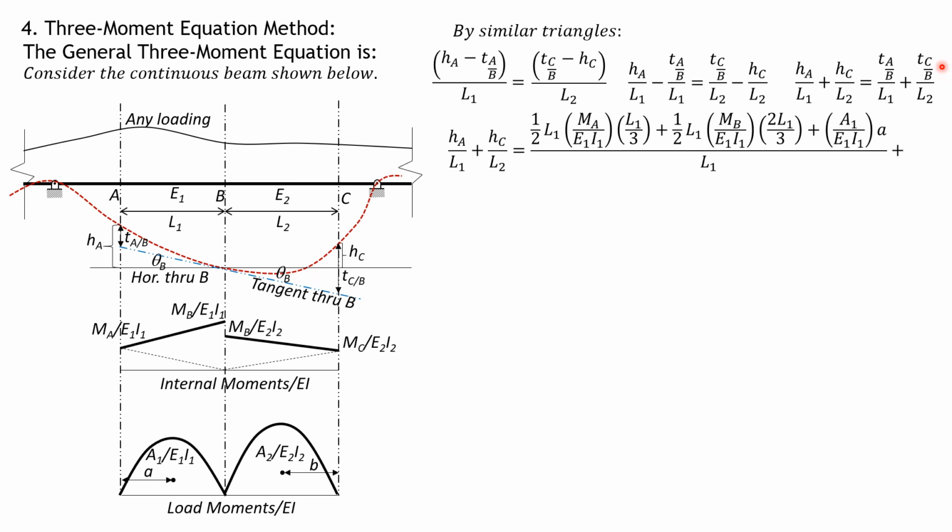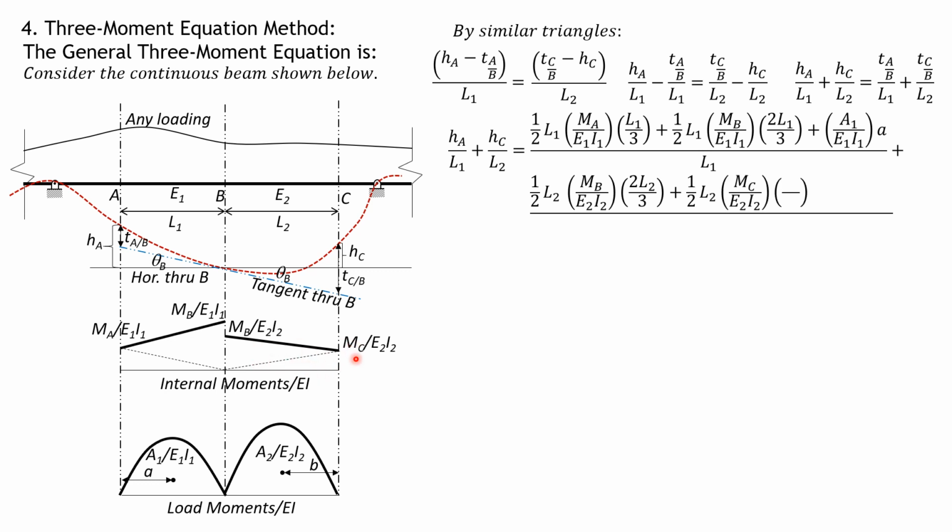This deviation of C relative to B is simply the moment of the moment diagram by parts of the portion from B to C with respect to C. So considering first this area, which is 1/2 of L2 times MB over E2 I2, then the moment arm is 2/3 of L2, plus 1/2 of L2 times MC over E2 I2 times L2 over 3, then plus this area 2 over E2 I2, moment arm is b, divided by L2.